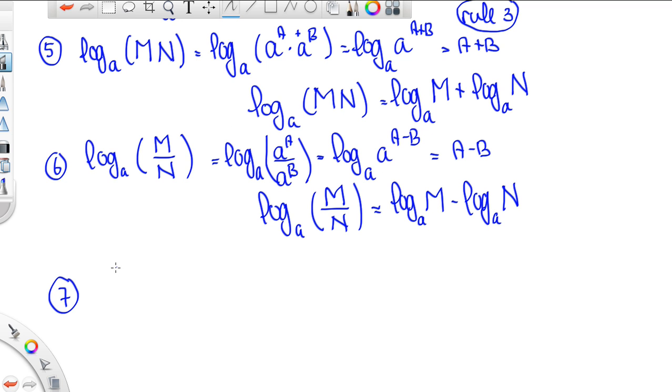This is its single little brother. So we're going to say that a is defined as the log a of m again. That means that a to the exponent of a is m.